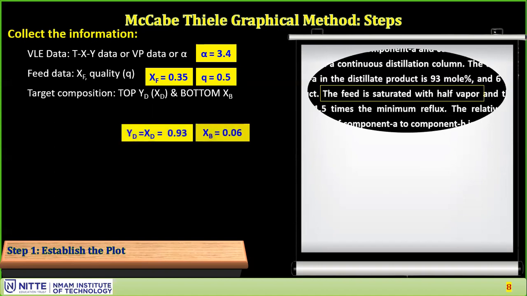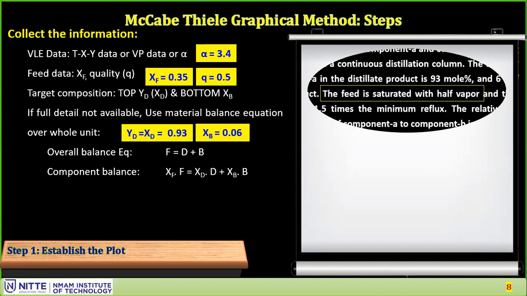Another piece of information that is available is the target composition. XD and XB, both values are given to us. If that data is not available, you can use the material balance equations, that is F is equal to D plus B, and the component balance equation. If one is known and the other is unknown, based on the available data you can calculate.